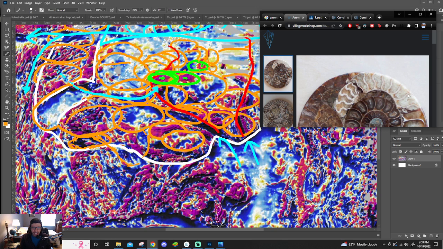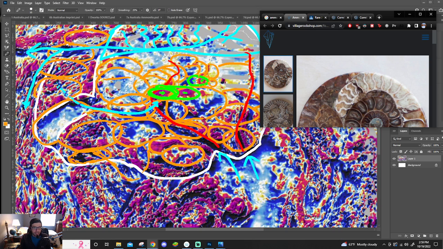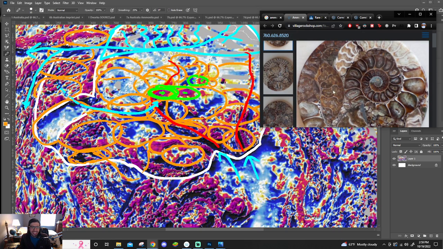What? Like this white section is like this blue section. I wonder if it's like missing this part here.